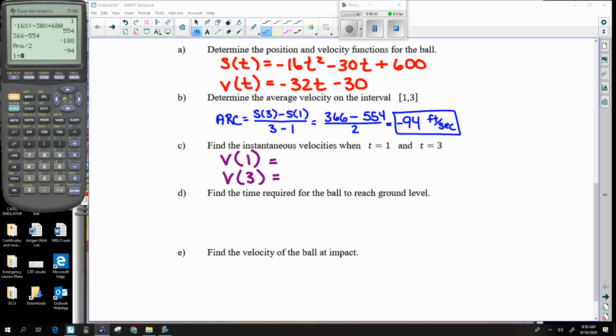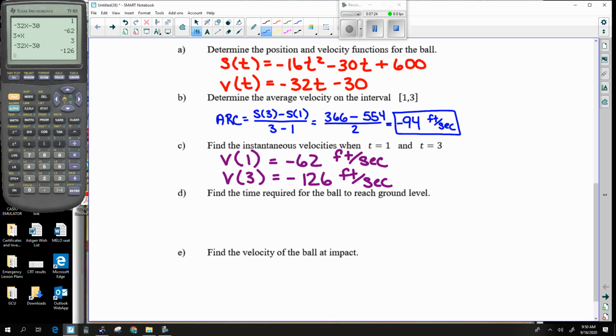So at 1, again, make sure your 1 is stored as x and use the velocity. So that's negative 32t minus 30. Again, this is a velocity, so that's feet per second. Same question, but with 3. So I store 3 as my x, and second enter, negative 126. Those are those two velocities.